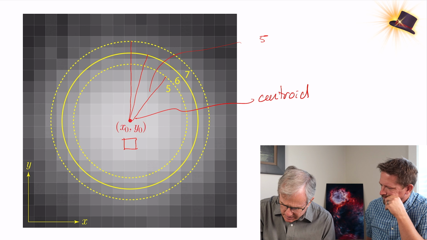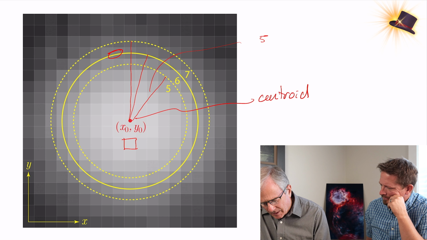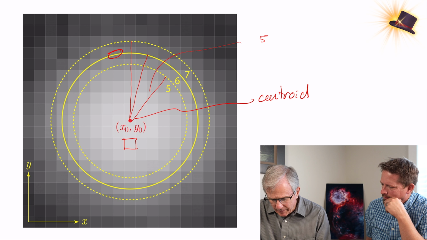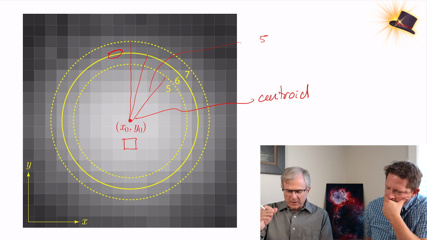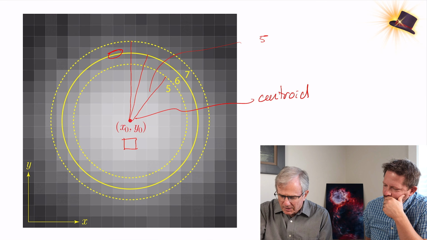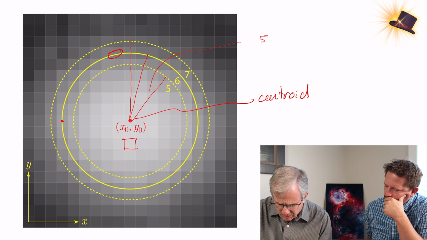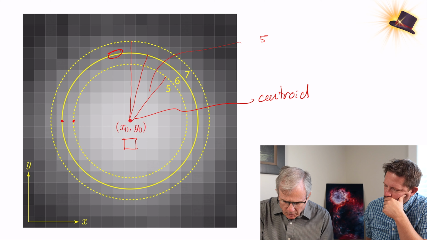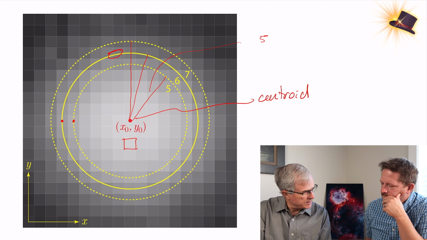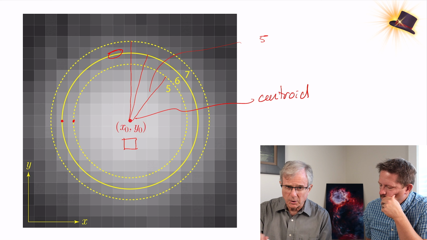So this is 5, that's 6, and that's 7. What we're actually looking for is the profile star intensity on that circle of diameter 6. And we're going to use the information from all the pixels between 5 and 7 in a weighted fashion. So if, for example, right there, that pixel would be counted the heaviest of all, but this pixel wouldn't be counted at all because the center of it is 1 pixel away from the one that we're looking for. So we use a weighted average process to determine the profiles.